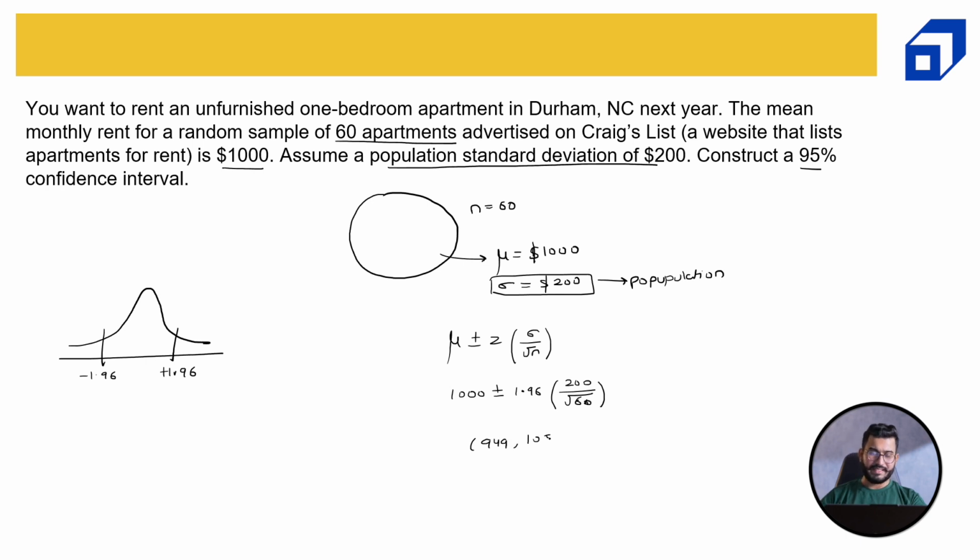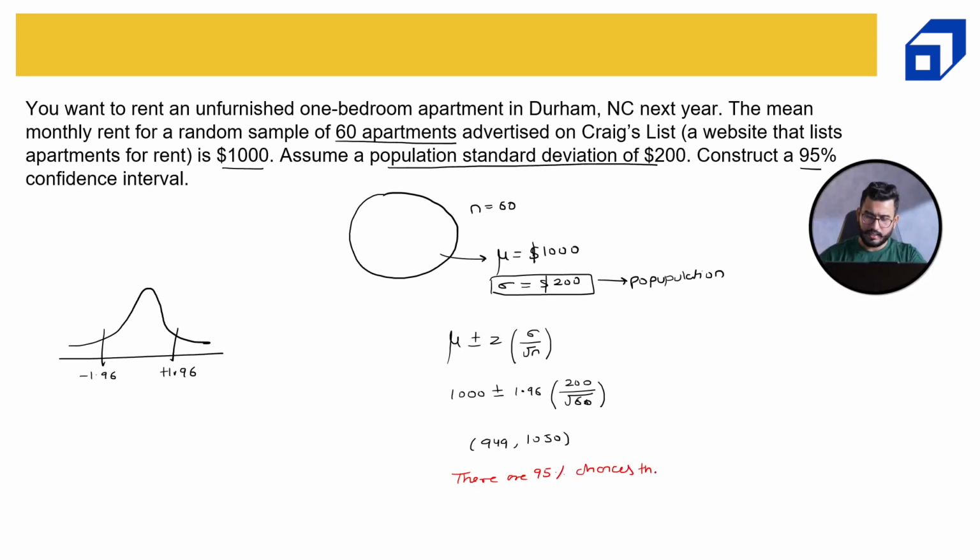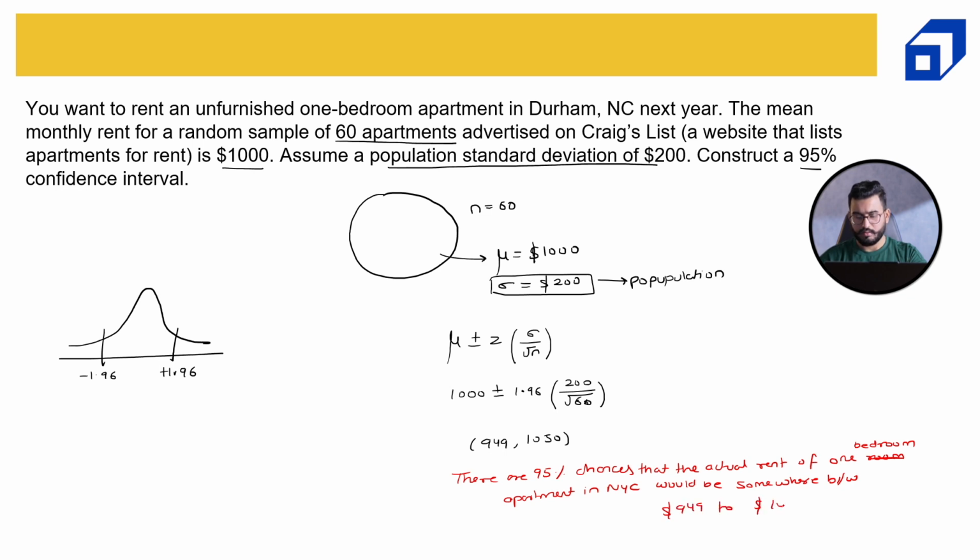If I just quickly solve this, it will come out to be 949, 1050, which basically means there are 95% chances that the actual rent of a one-bedroom apartment in New York City would be somewhere between $949 to $1050.